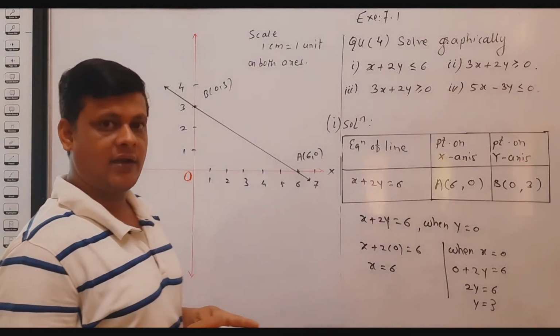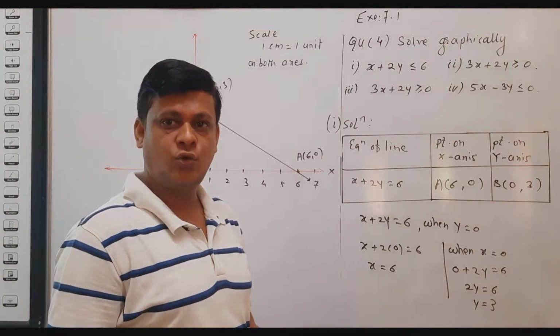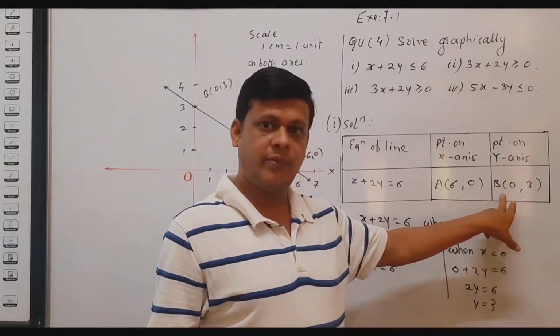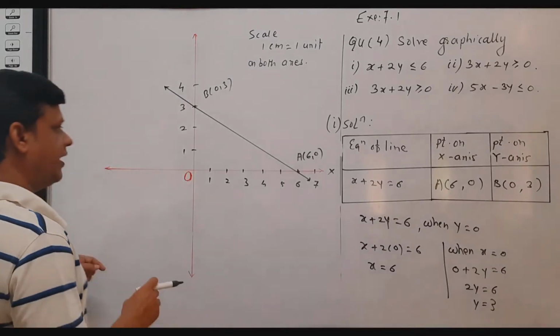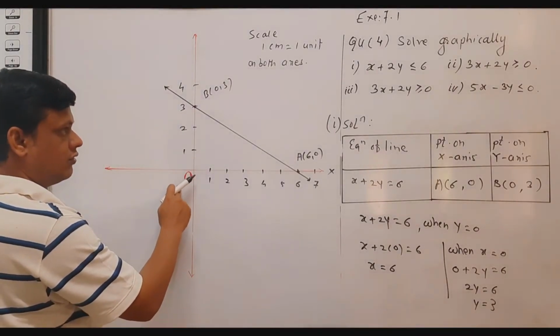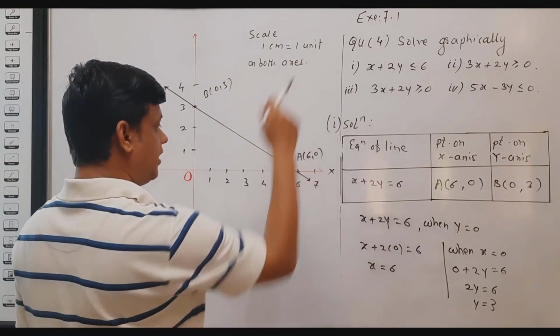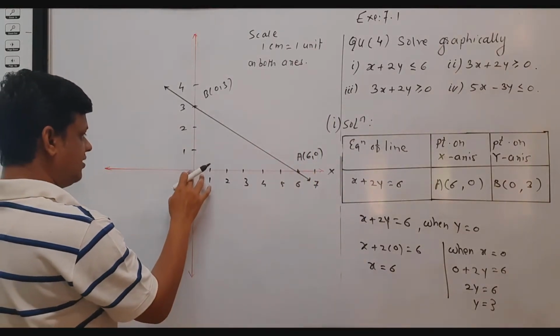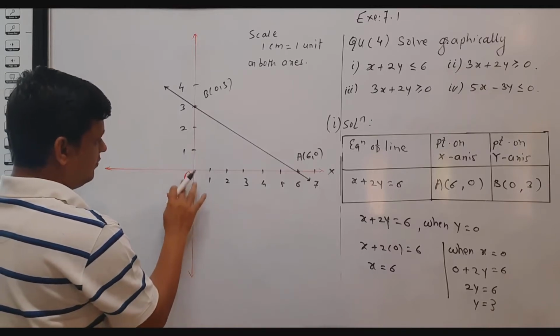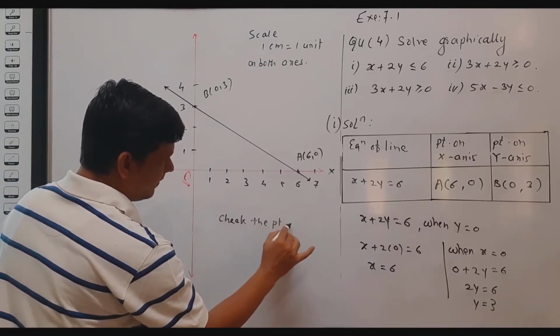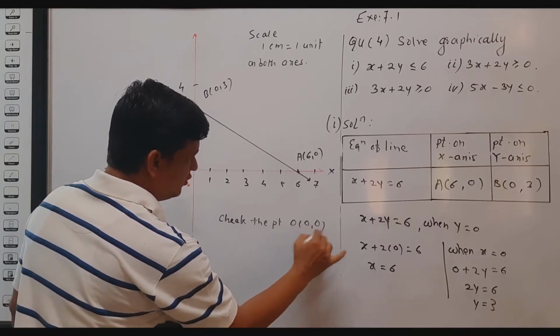Now we have to find the graphical solution. For that we take a point other than on AB. So we take the point 0, 0 to shade the solution region. So we write here, check the point O of 0, 0.